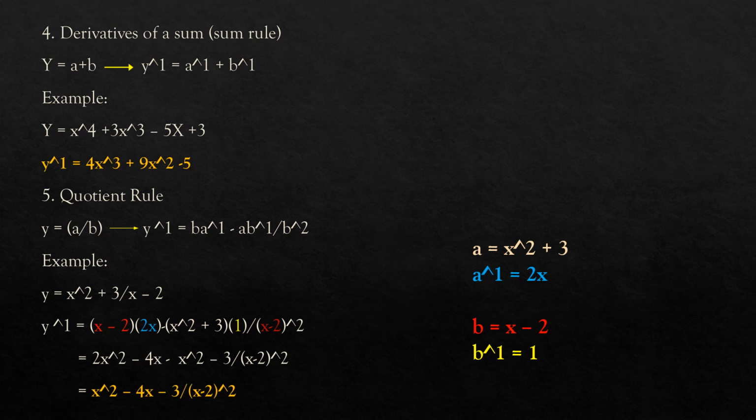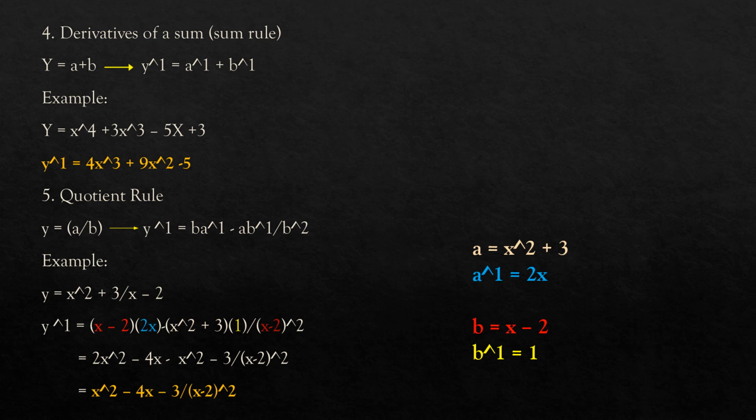First, we need to identify the values of A and B. A is the numerator and B will be the denominator, and get the derivatives of A and B. So the value of A is x squared plus 3, and the derivative of this will be 2x, since 3 is a constant, so this will be 0.